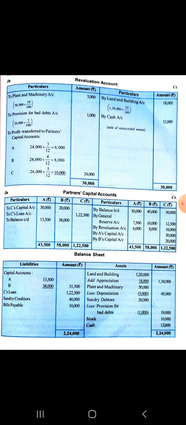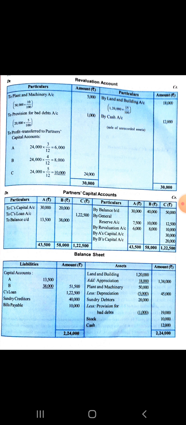That is the total amount payable by the firm to C at the time of C's retirement, which is transferred to C's loan account. Next, balancing of capital accounts of continuing partners. Capital balances: A 13,500, B 38,000.